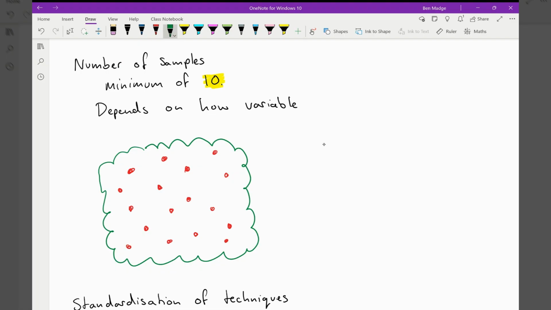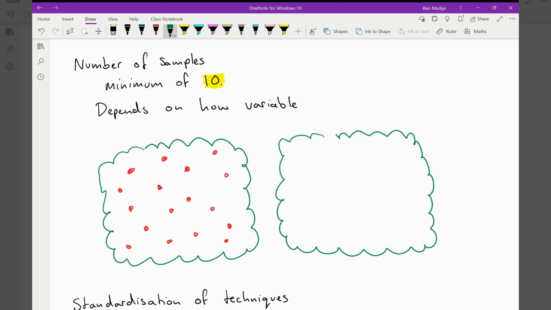However, if we have a field where our red flowers are very clustered, we are not going to be confident that our samples are representative of the true population unless we do a lot of samples. So the degree of scatter around our mean is going to affect how many samples we need to take.